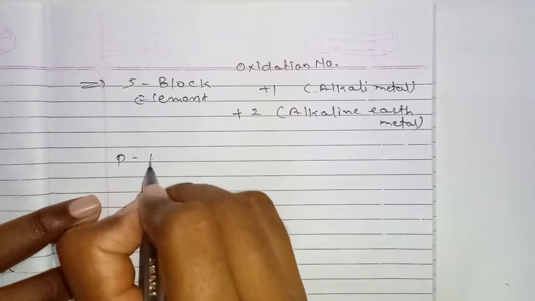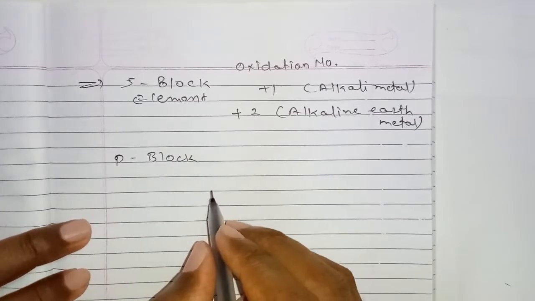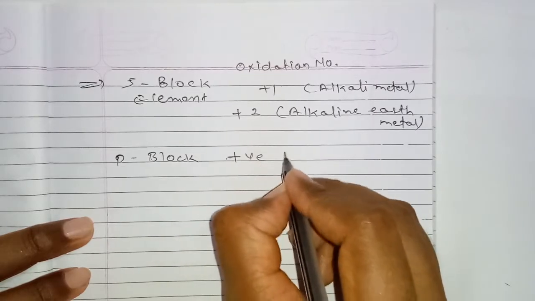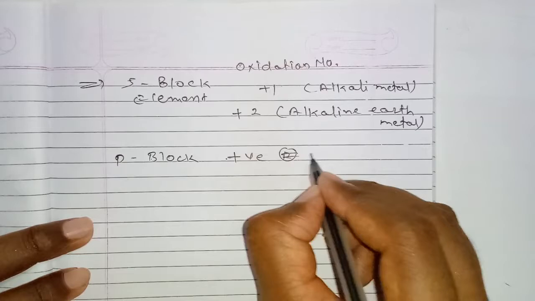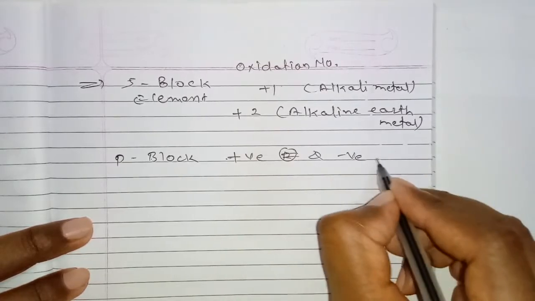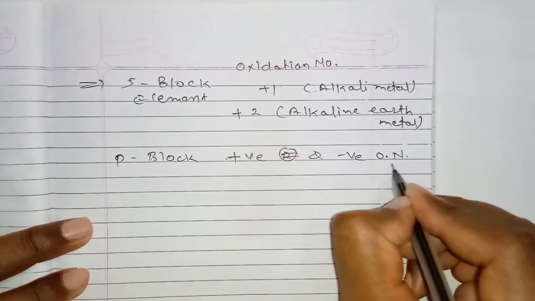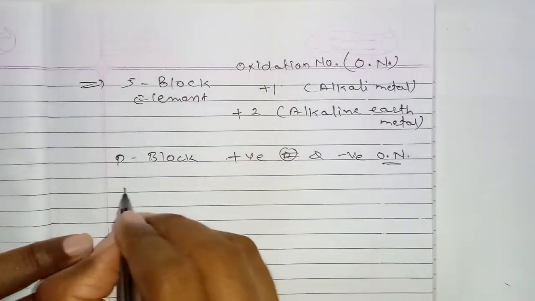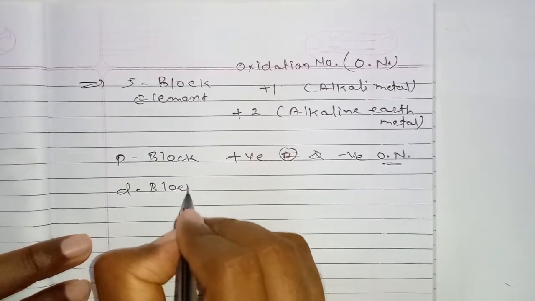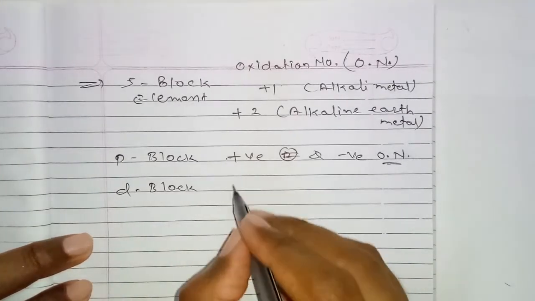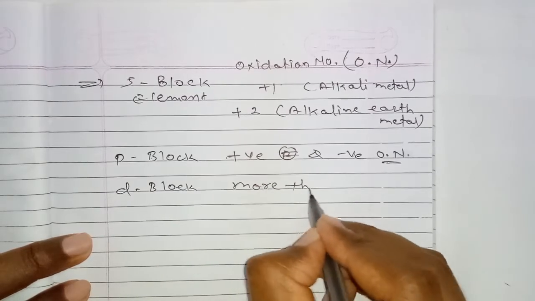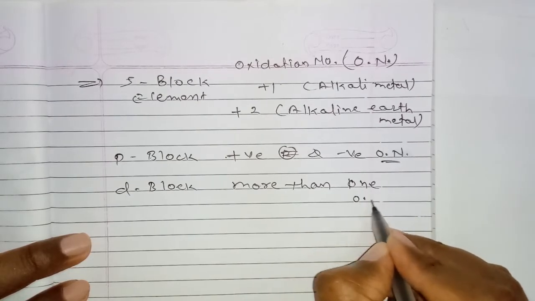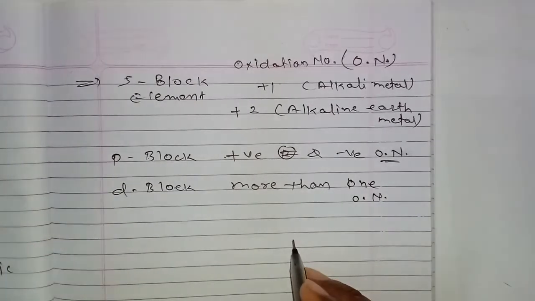P block elements possess positive and negative oxidation numbers. For d block elements, they possess more than one oxidation number.